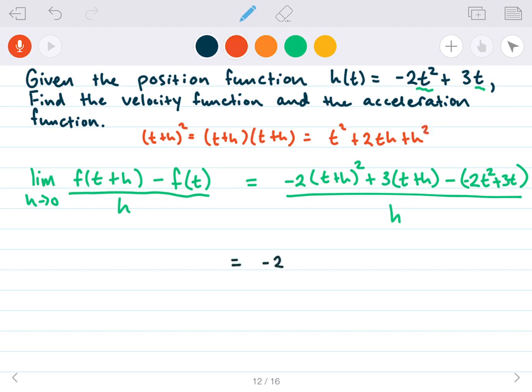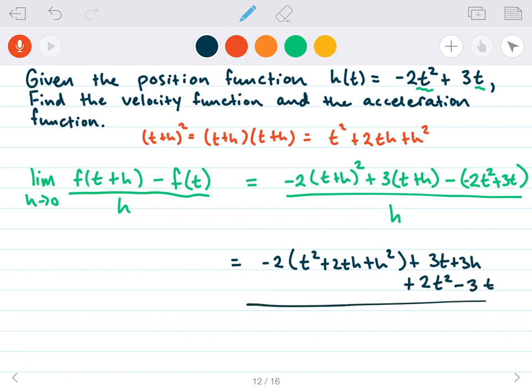We get negative 2 times t squared plus 2th plus h squared plus 3t plus 3h. Oh, shoot, I'm running out of room. Plus 2t squared minus 3t. And that's all over h. And I'm being a little sloppy, but again, we're taking the limit as h goes to 0.